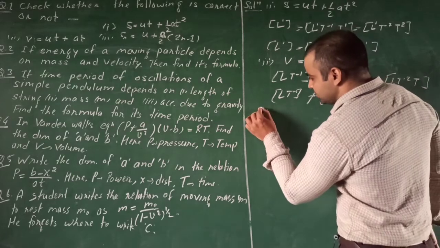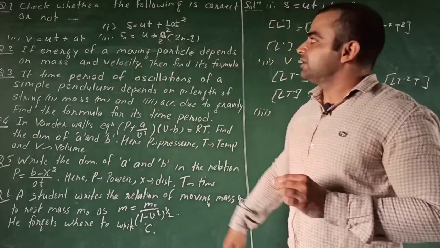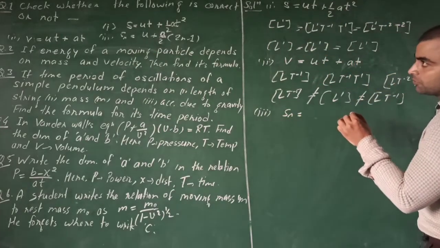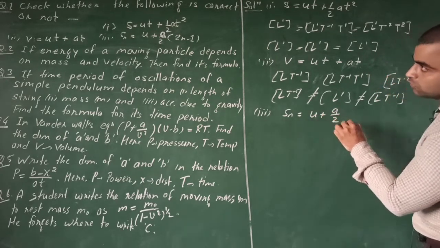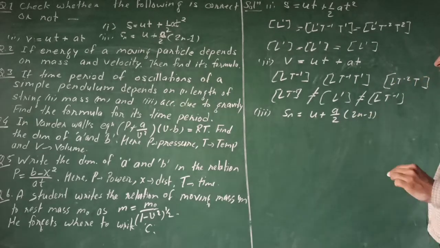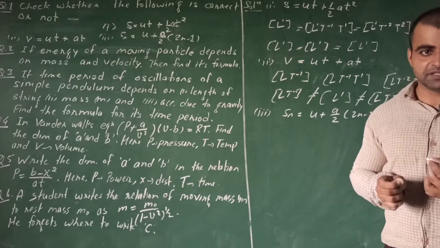Check the third relation. What is this? Sn equals u plus a by 2 into 2n minus 1, where Sn is the distance travelled in nth second.